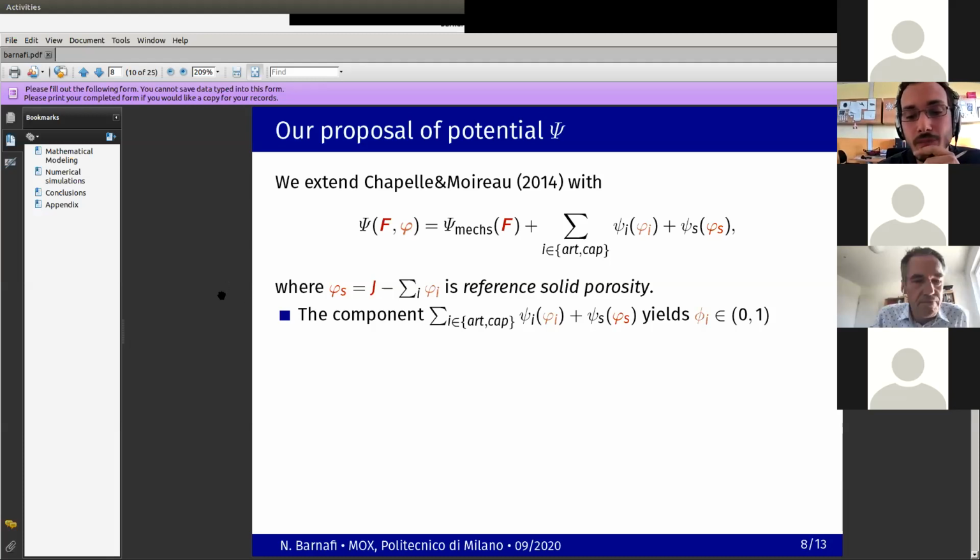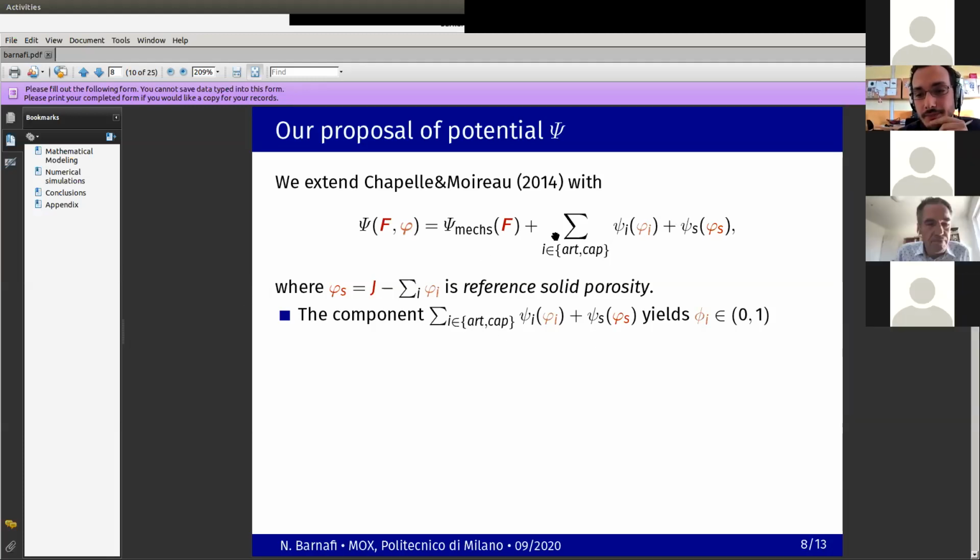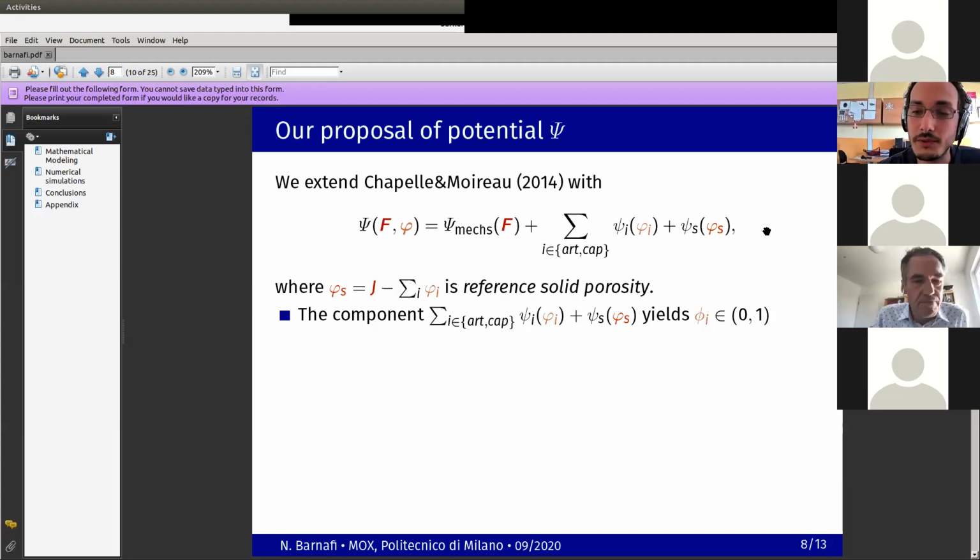If we use a linear model, we would use quadratic energy here. Using quadratic energy doesn't allow us to obtain these barriers, so that we would not be able to keep our porosities between 0 and 1, and it wouldn't be physical. Porosities can get really close to 0, so we would absolutely lose that kind of behavior.